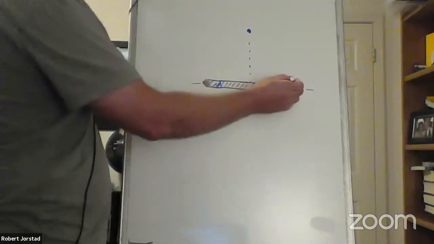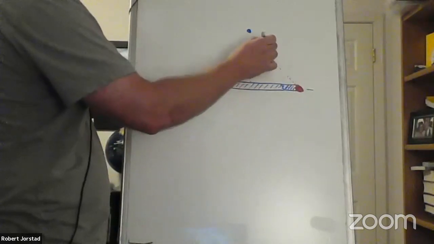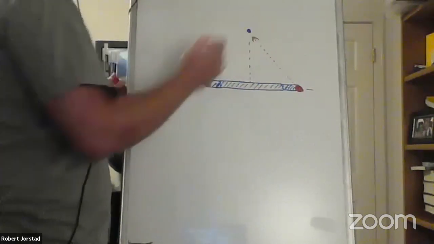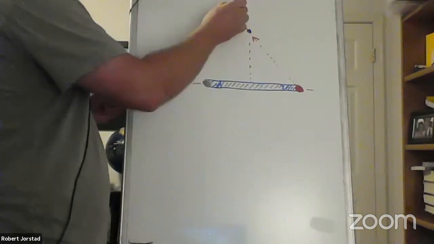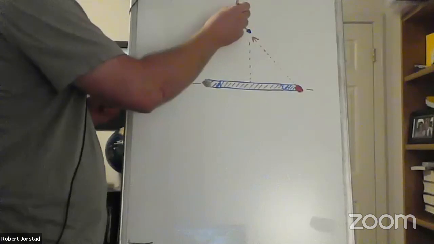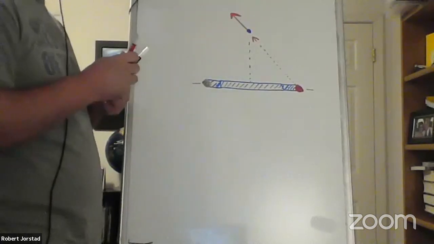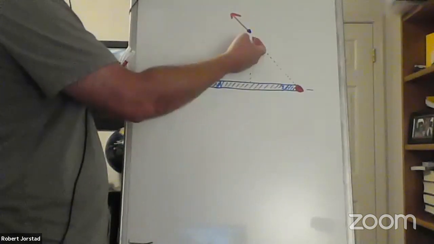Well, if I put a plus charge here, I know it would be pushing away. If this was positive and I put a plus charge there, it would push on it that way.